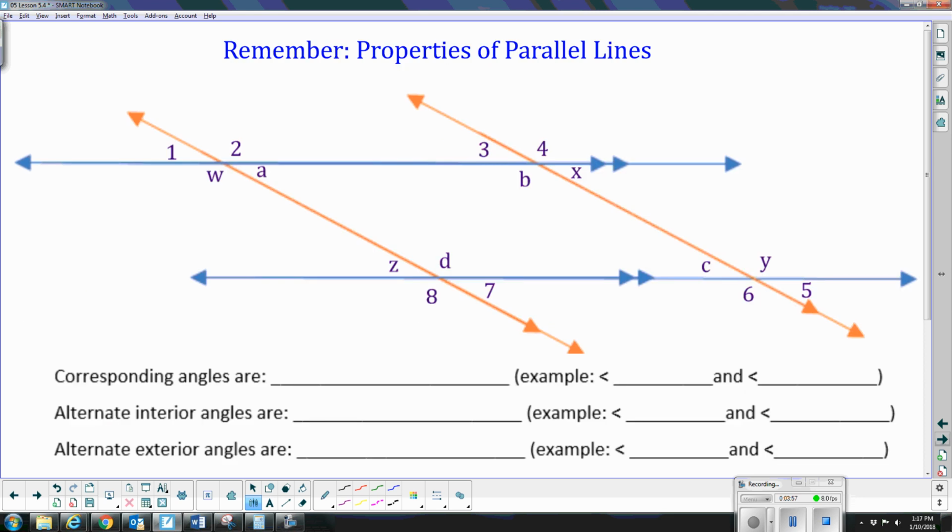All right, before we talk about parallelograms specifically, we have to remember some properties of parallel lines. You'll see this diagram on your note sheet, but remember that corresponding angles are congruent.